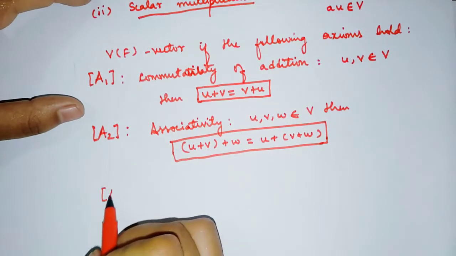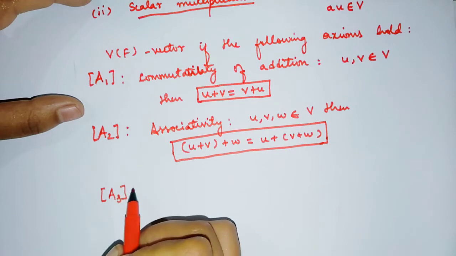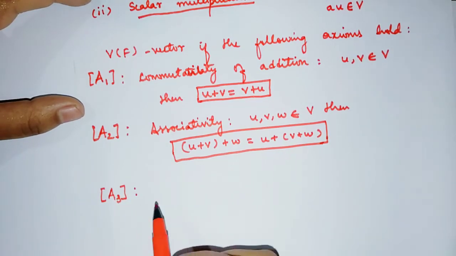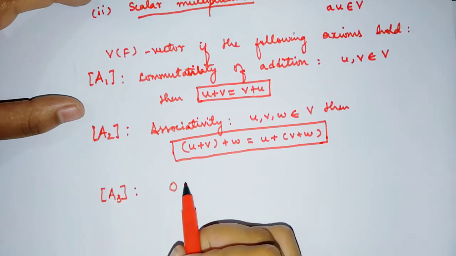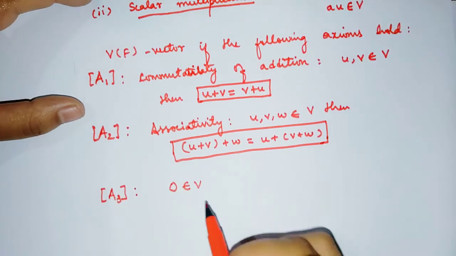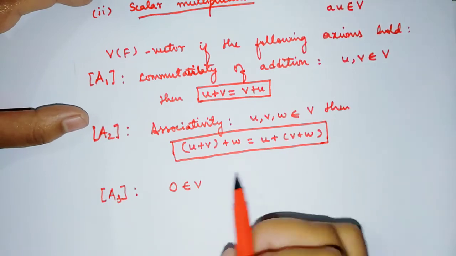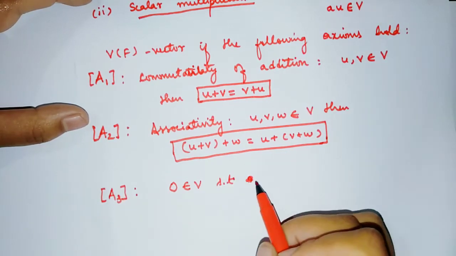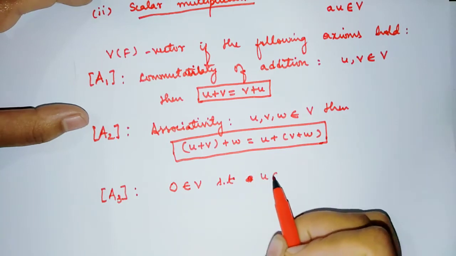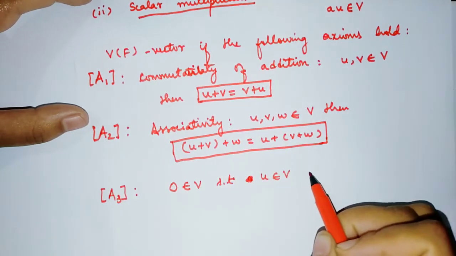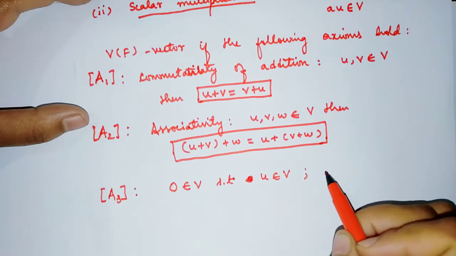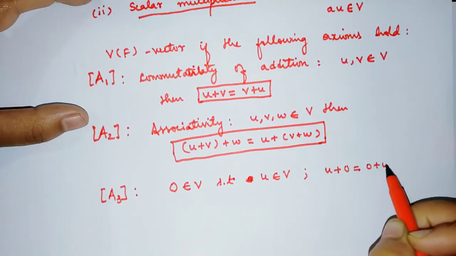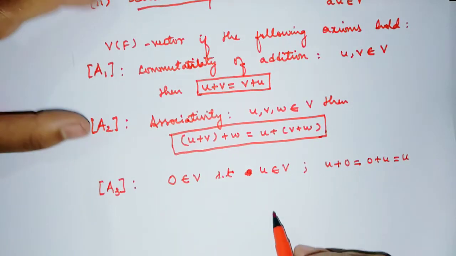Next, A3. There is a vector in V denoted by 0, such that for any u in V, this condition is satisfied: u plus 0 is equal to 0 plus u is equal to u.